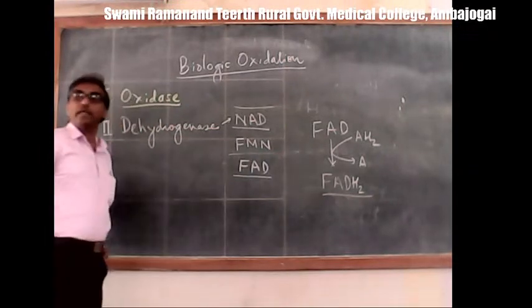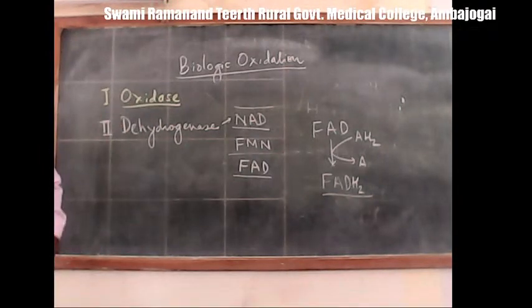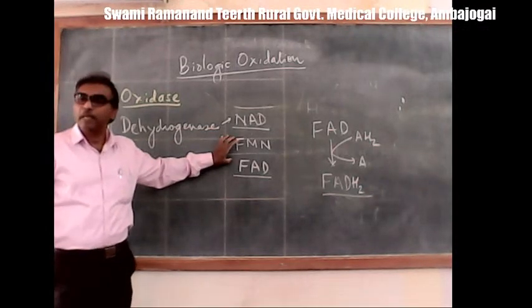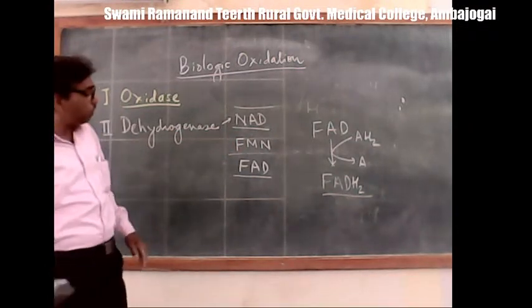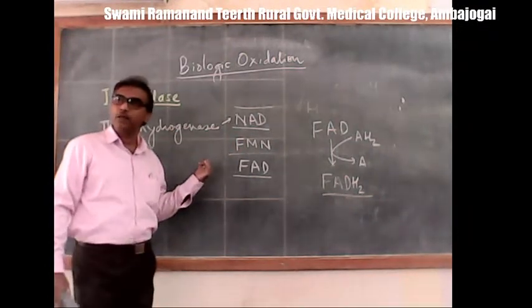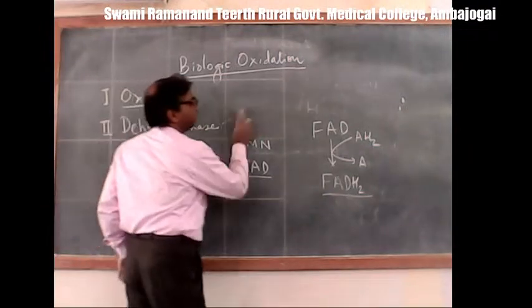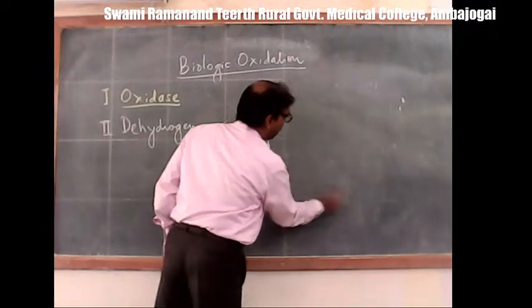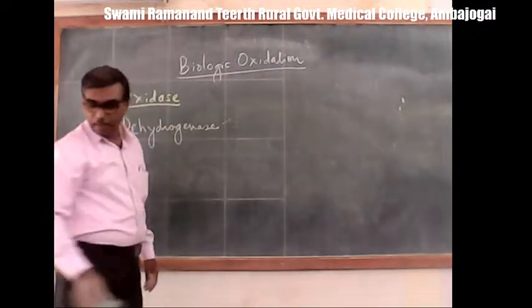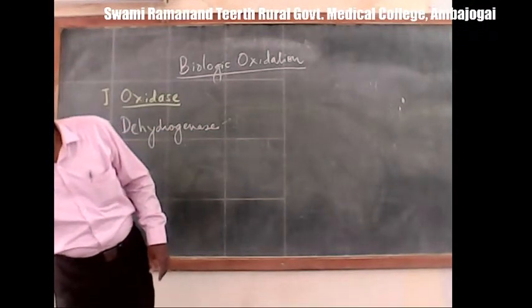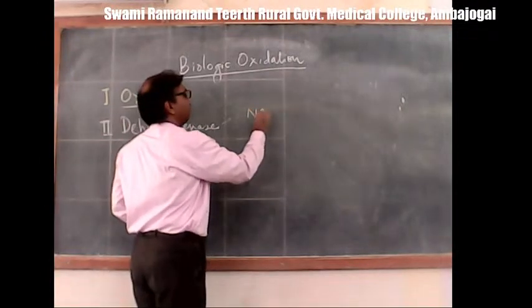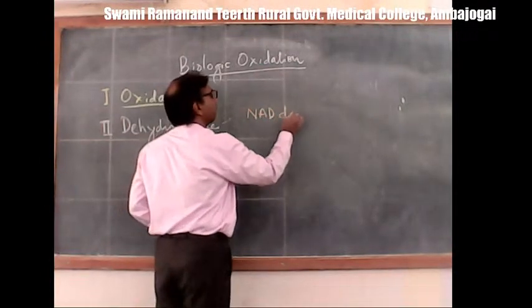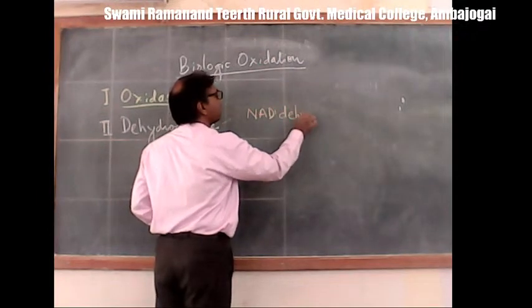Now what remains is FMN. This is important as far as the electron transport chain is concerned, because the first component of the electron transport chain is a complex which has an enzyme called NADH dehydrogenase.